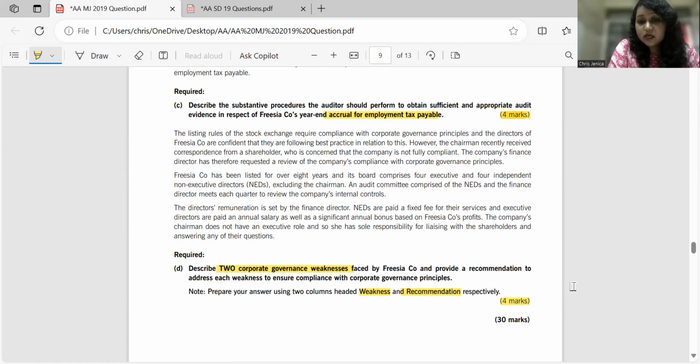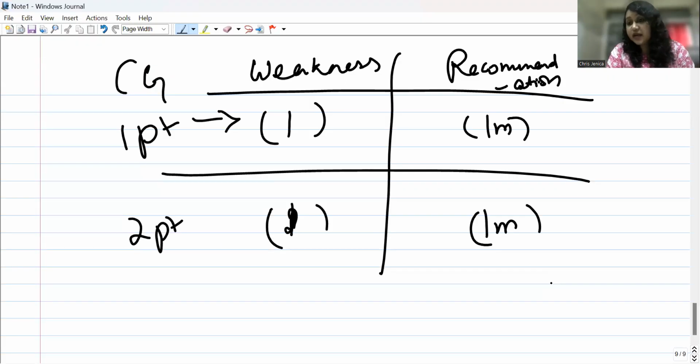Okay. And an audit committee comprised of the NEDs and the finance director meets each quarter to review the company's internal controls. Yes. Now the weakness arises. They are telling us the audit committee comprises the independent directors as well as a finance director. A finance director cannot be a part of the audit committee. Okay, so that is one weakness identified.